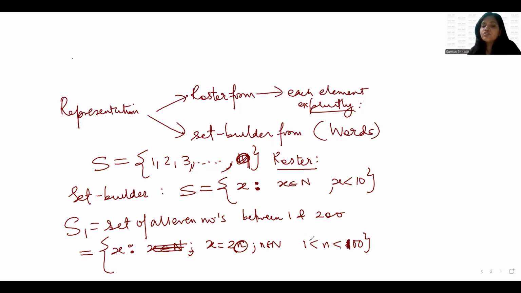When I put n equals 1, I'll get 2, and when I put n equals 99, I'll get 198, and that's it. I will not be including 100 over here, but 1 I will be including. So for the set of all even numbers between 1 and 200, this is how we write the set builder form.